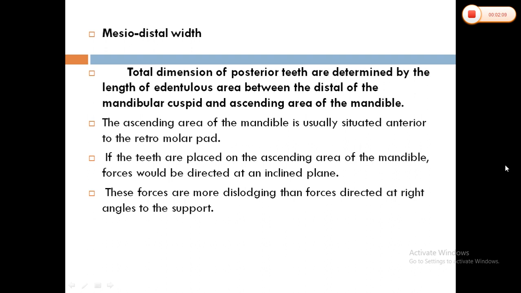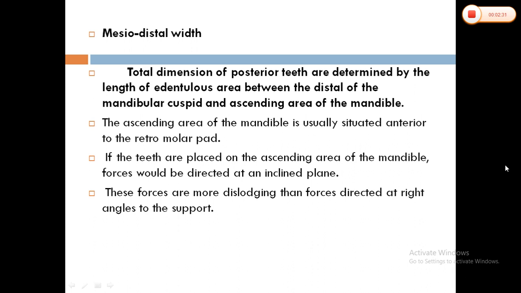Mesiodistal width. The total dimension of posterior teeth is determined by the length of edentulous area between the distal of the mandibular cuspid, that is canine, and the ascending area of the mandible.